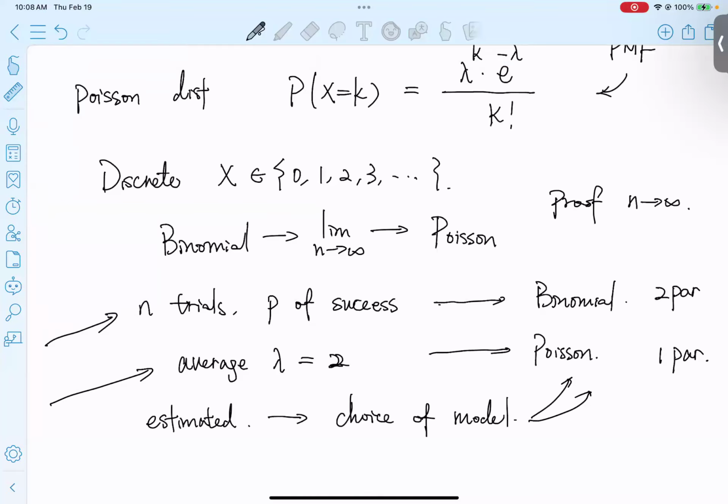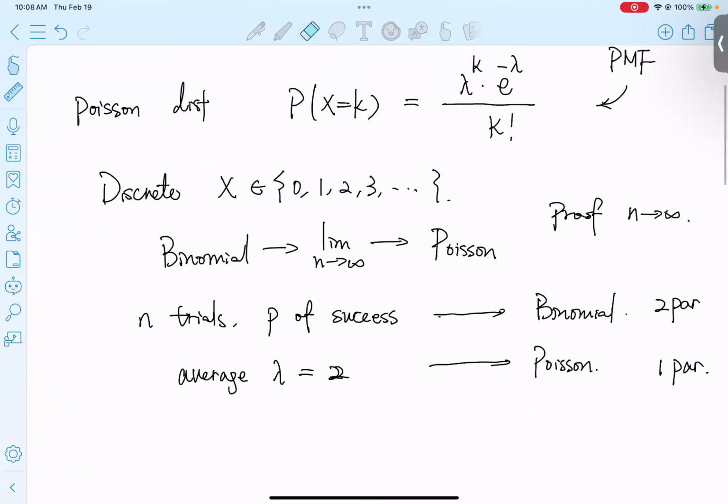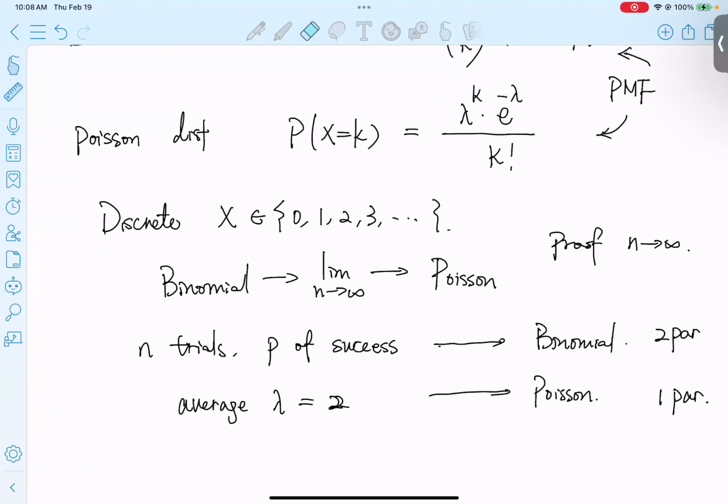So in practice, in research, it's still based on your choice. I hope that gives a hint on how to choose, if you really want a guideline.